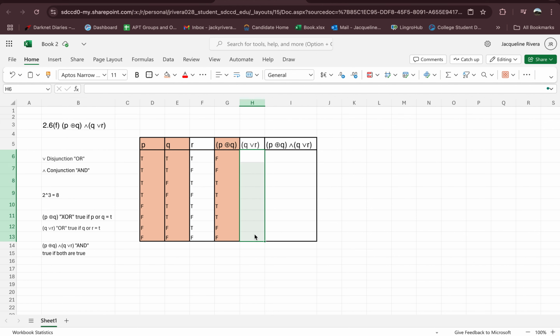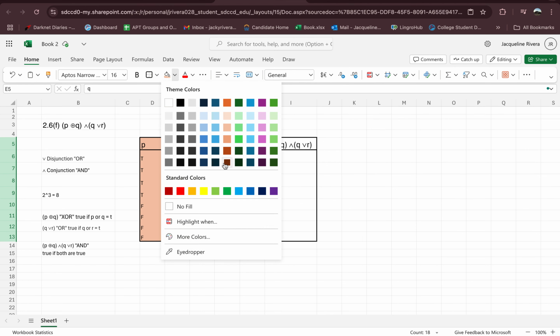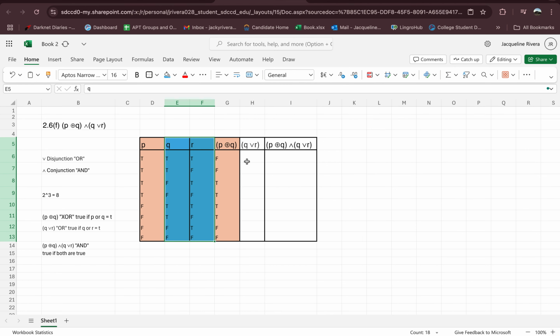For our Q or R statement, it would be true if Q or R are true. If Q or R are true, then that makes this one true.